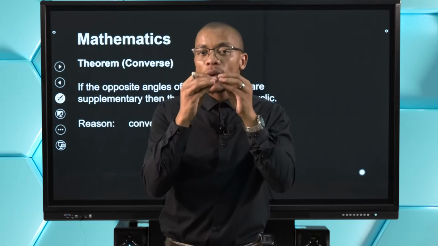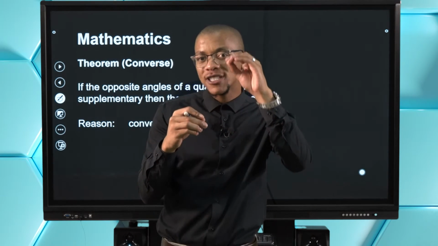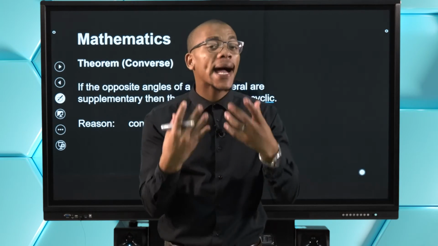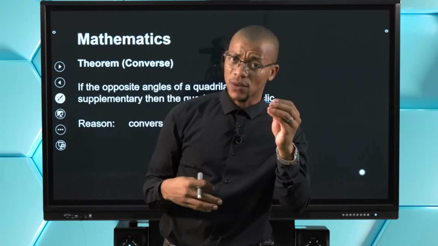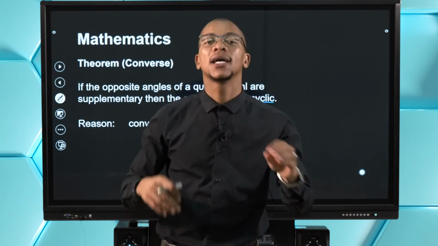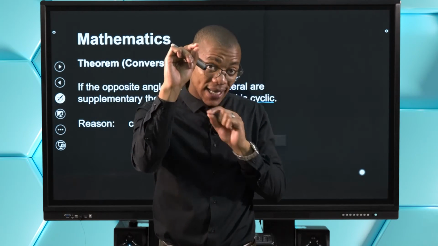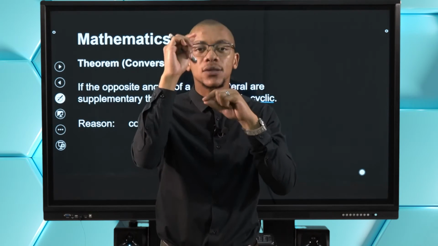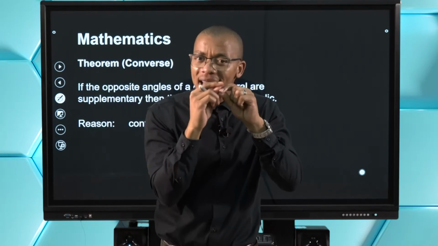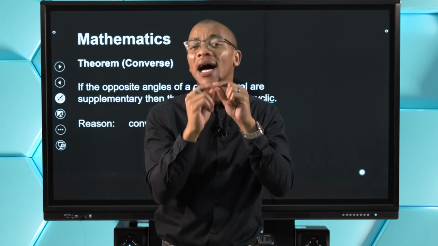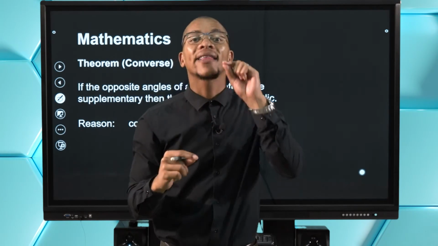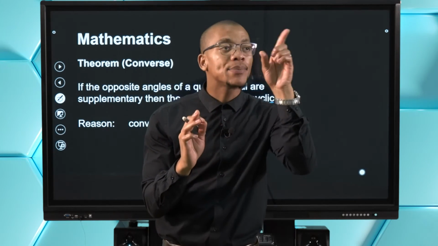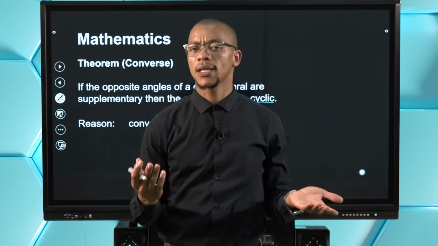If I give you a quadrilateral and I did not specify that this is a cyclic quad, and I ask you to prove that it is a cyclic quad, one way of doing that is to look at the opposite angles and find the size of those angles. If you add them and you find them to be 180 degrees, then therefore, conclusion, ABCD is a cyclic quadrilateral, right?